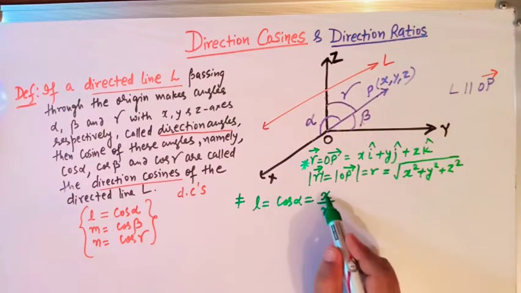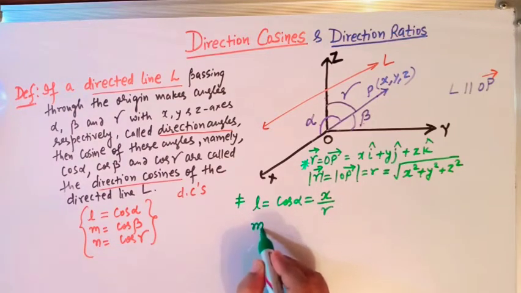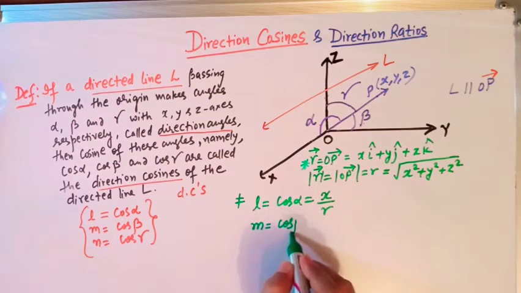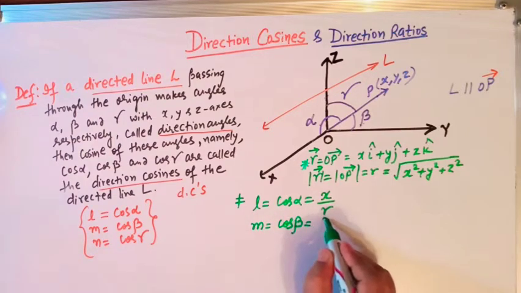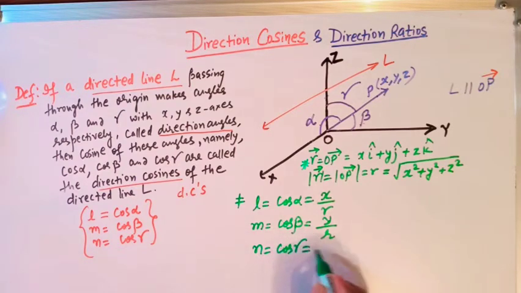So l can be written as x over r. Similarly, m, that is cos of beta, can be written as y over r, right? And n can be written as cos of gamma, that is z over r.